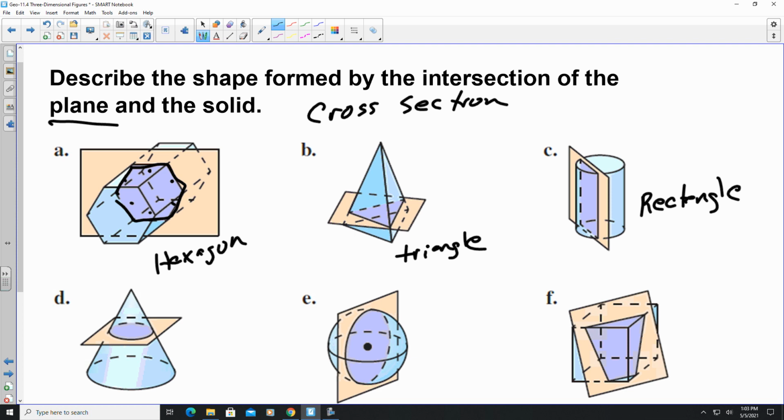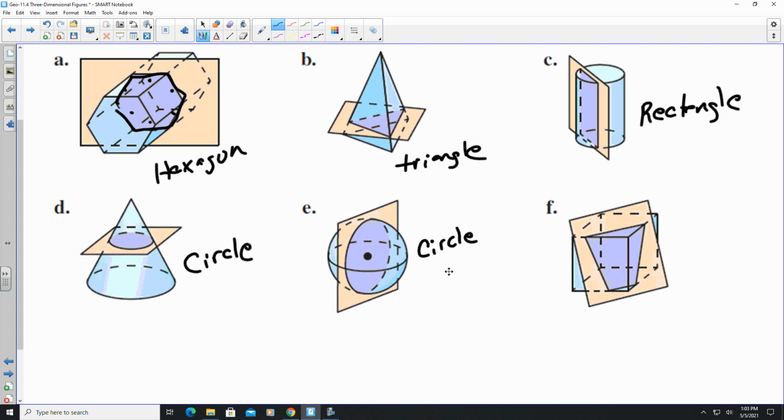For D, it appears that it's going to slice into a circle. Also, it'll be a circle for E as well. And for F, it appears that it shows up as a quadrilateral, more specifically a trapezoid.